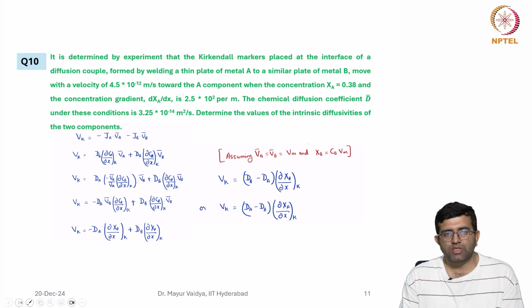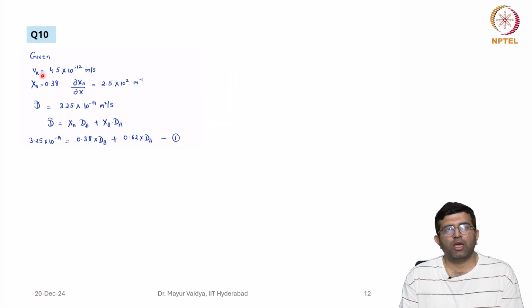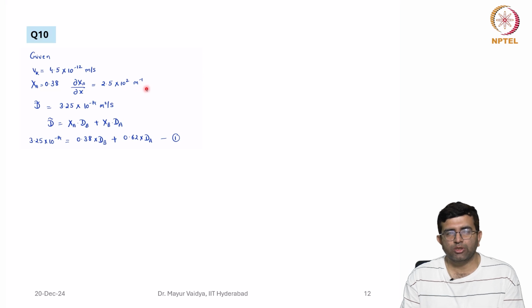So now we have this relation, so let us utilize this. We are given Vk is equal to 4.5 into 10 power minus 12 meter per second. XA is given as 0.38, and dXA/dx is given as 2.5 into 10 to the power 2 per meter.